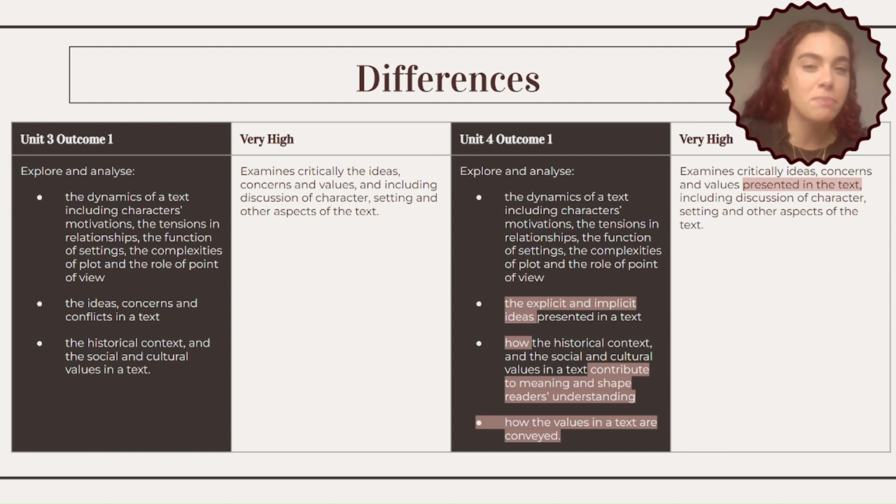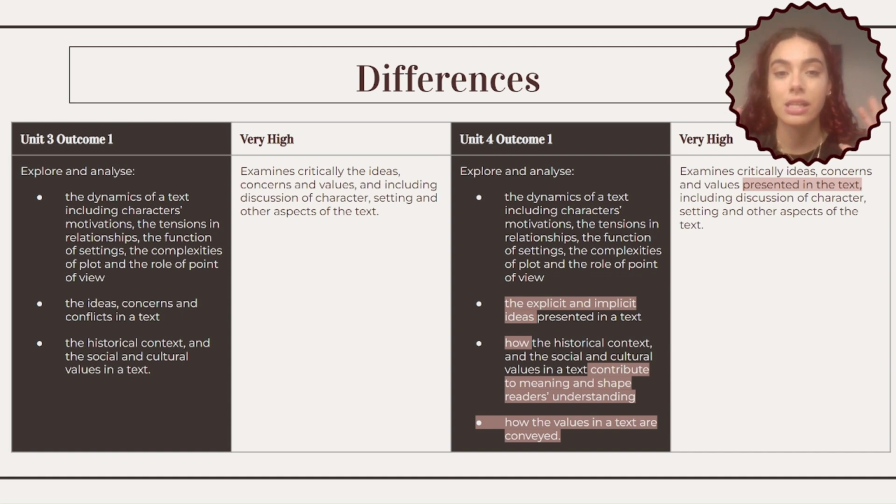Characters may not explicitly state it. They may have a situation that happens and their reaction and the level of sympathy that the author is providing that character will show us these implied ideas. It's not going to be written in giant bold letters across each page. Those would be the more explicit ideas. So this is a more mastered skill than what they're looking for in Unit 3. We need to be looking at the implied stuff.